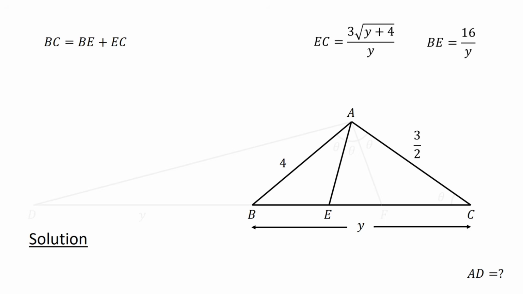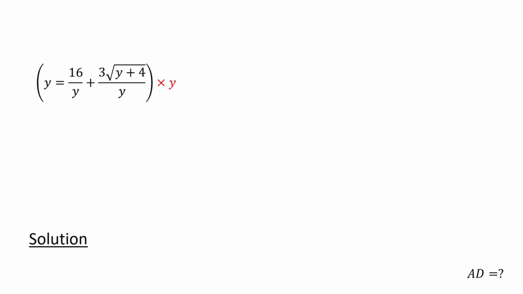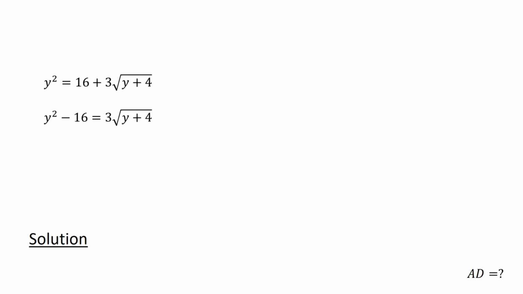Since BC equals BE plus EC, we have y equals 16 over y plus 3 square root y plus 4 over y. Multiplying both sides by y to clear the denominator, we then move 16 to the left hand side. After factoring the left hand side, we divide both sides by square root y plus 4 to obtain square root y plus 4 times y minus 4 equals 3.